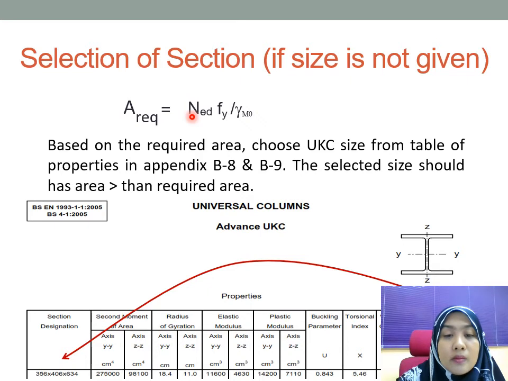The area of the section is in Appendix B9, the last column, and the unit there is centimeter squared. But just now we calculated in millimeter squared, so you have to convert the unit from millimeter squared to centimeter squared. Then you can choose the designated size you are going to use, and you need to make sure the area is greater than A required.